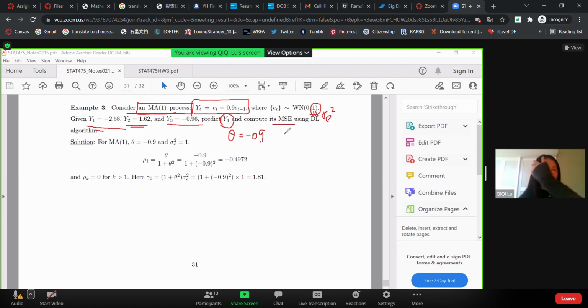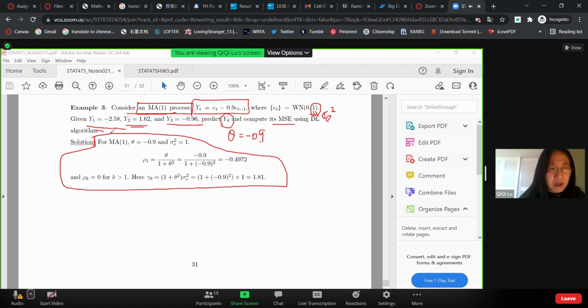Okay, so this is all the basic information for MA(1). That's theta and sigma e squared, and we can calculate rho 1 by this formula here, which is almost negative 0.5, and rho k equals 0 for all k larger than 1.